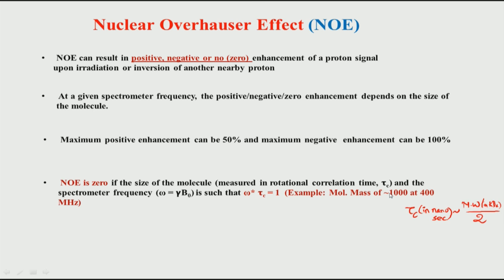If you go to 10 kilodaltons, which is the size of a small protein, then your tau c will become 5 nanoseconds, and if you multiply with 400 megahertz you will get a large number much greater than 1, and therefore the negative NOE is active there. Whereas with smaller and smaller molecules you get a positive enhancement, but within these limits.